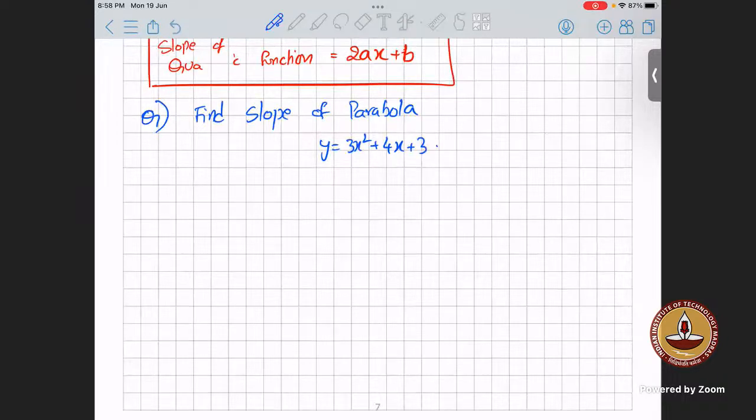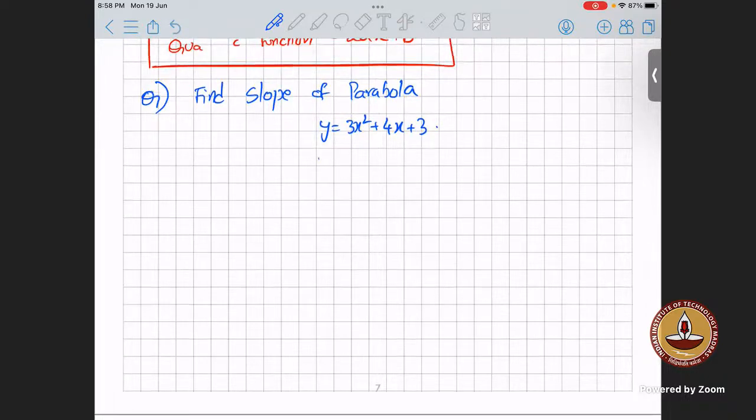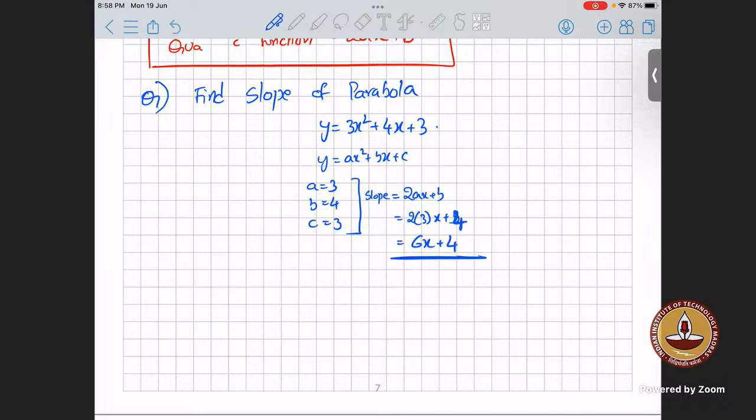First compare with y equal to ax square plus bx plus c: a equal to 3, b equal to 4, c equal to 3. So what is the formula? 2ax plus b. 2 into 3 into x plus 4, equal to 6x plus 4. Clear for everyone?